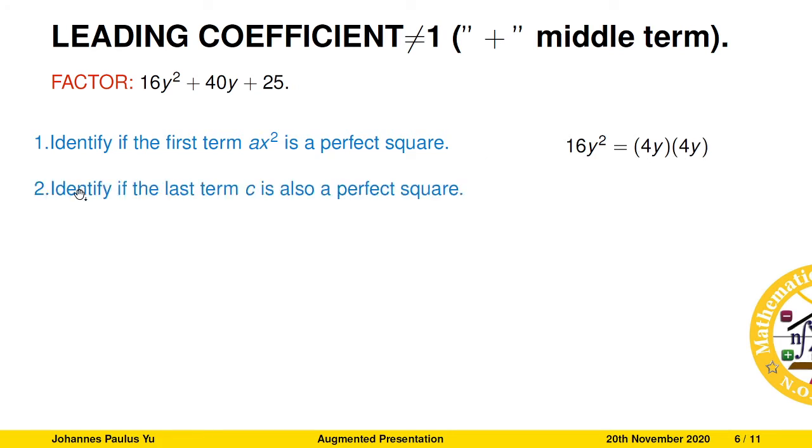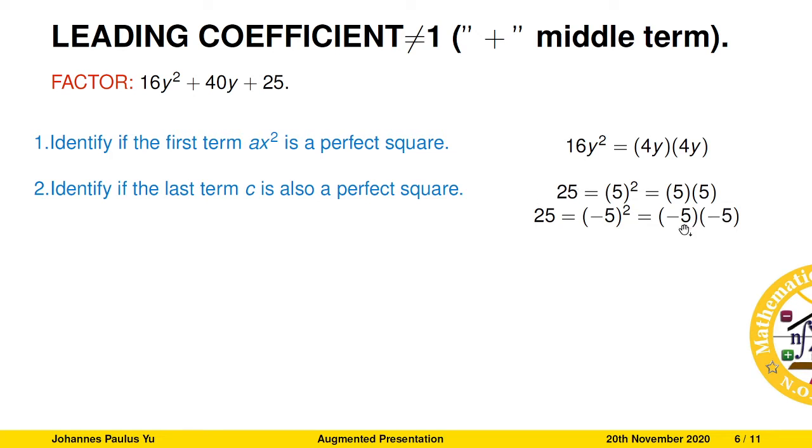Second step, identify if the last term c, which is positive 25, is also a perfect square. Now 25 is also a perfect square because we have 5 squared, which is equal to 5 times 5. Or we could rewrite 25 as negative 5 quantity squared, which is equal to negative 5 times negative 5.